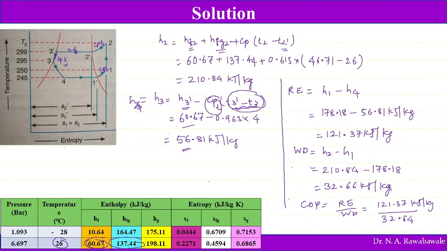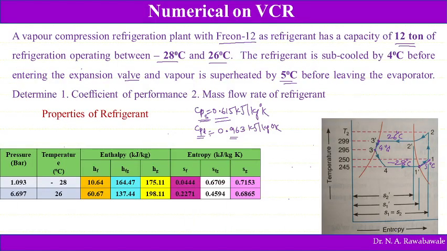Therefore 121.37 divided by 32.66 gives us 3.69 as COP.